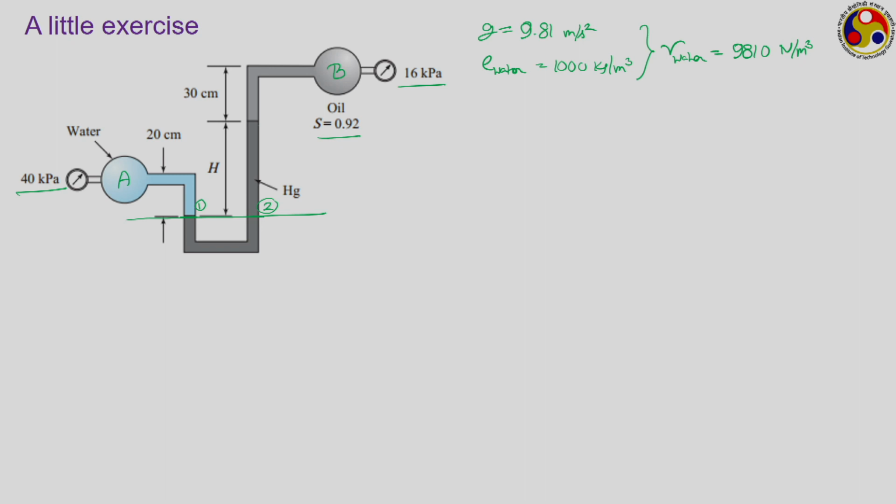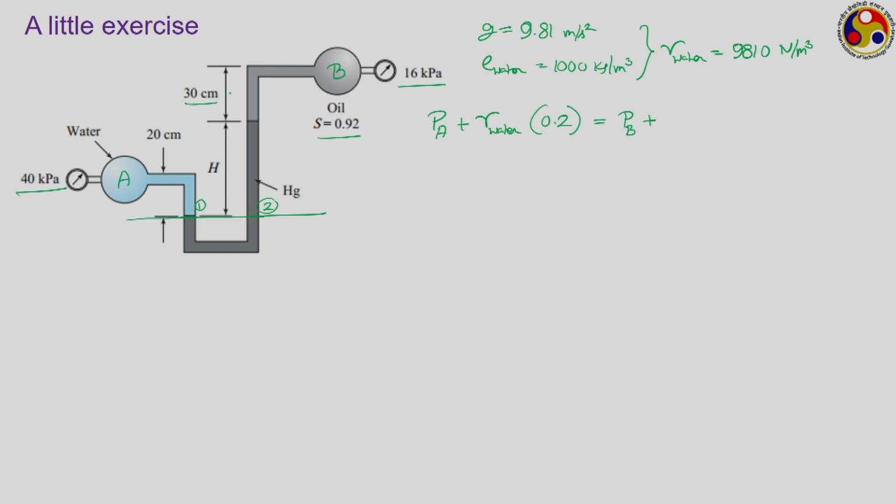So, pressure at point 1, how much it will be? It will be equal to Pa plus gamma water into how much is the height, that is 20 centimeter is the height. So, 0.2 is the pressure that is acting at point 1, and similarly pressure acting at point 2, which will be equal to this, is equal to Pb plus what?